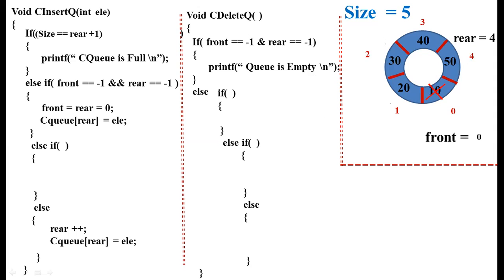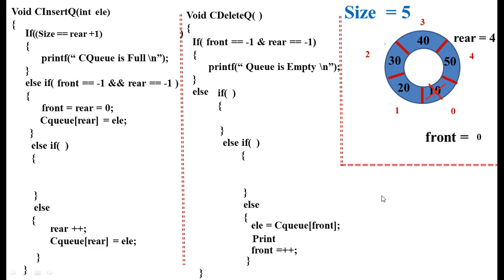Here the element value is collected by using CQ of front. Then the front value is incremented. After the deletion of the element, we need to increment the front value immediately, and we have to print whether the element is being deleted or not.